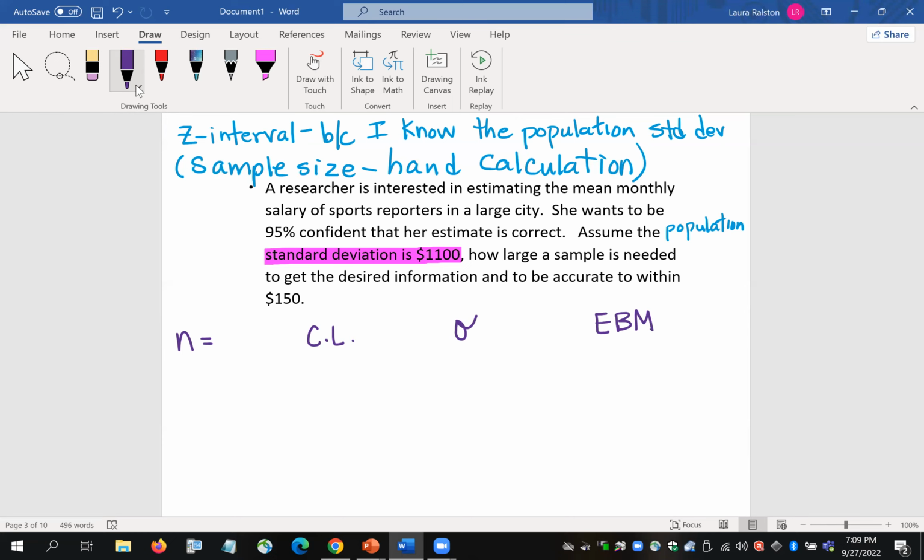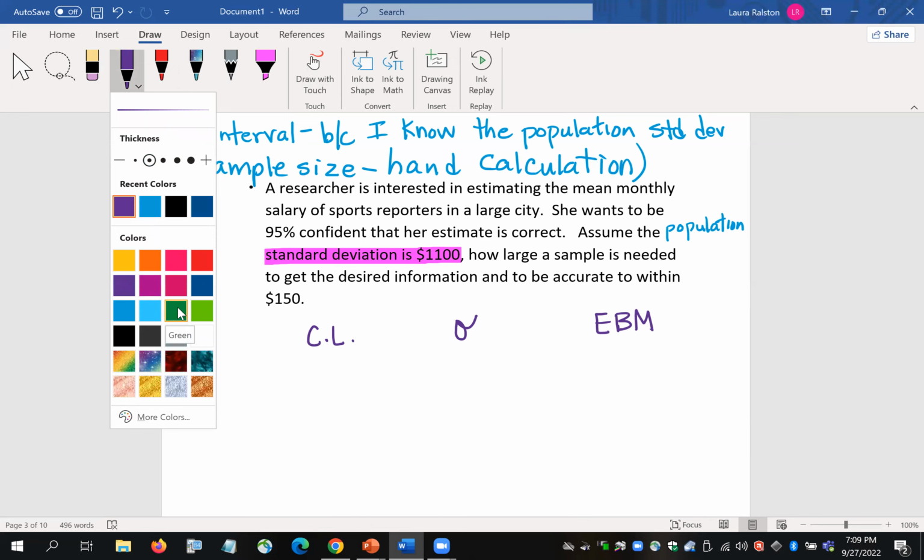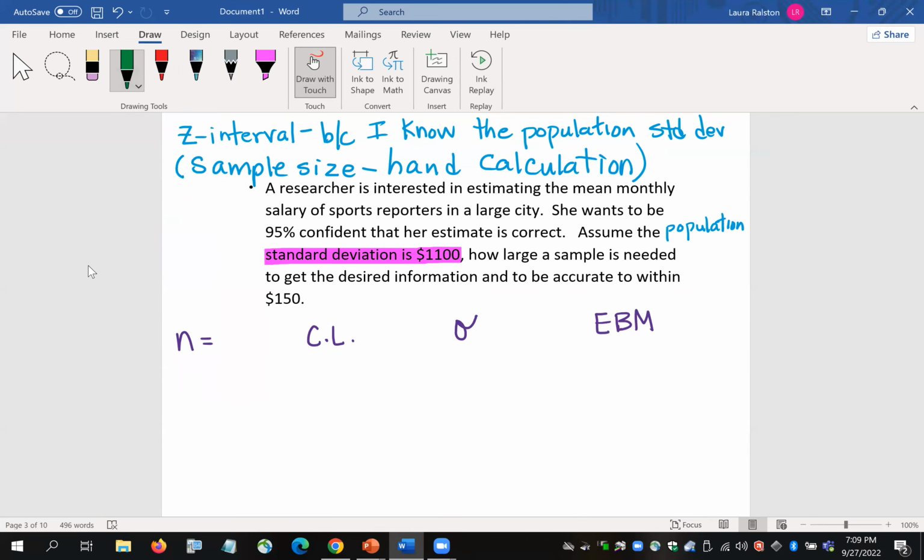My confidence level in this problem, it said she wanted to be 95% confident, with a population standard deviation of 1100, and she wants to be accurate within $150.